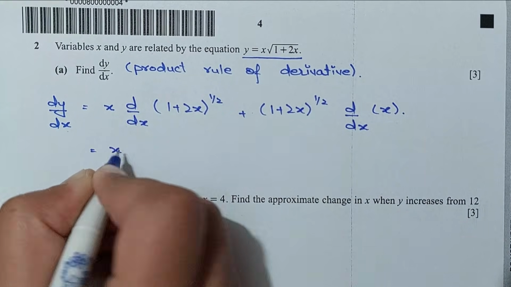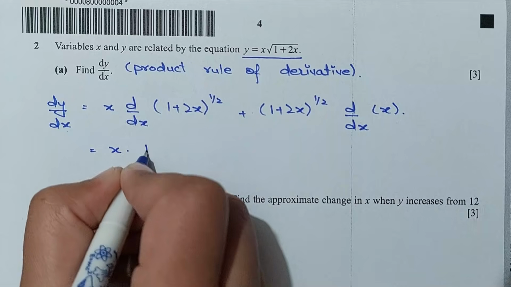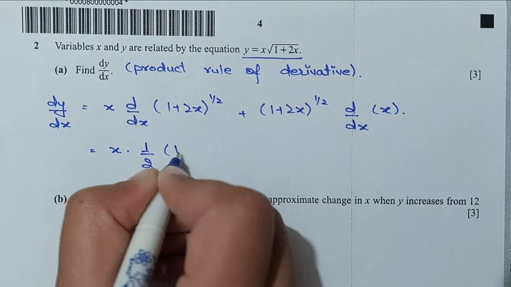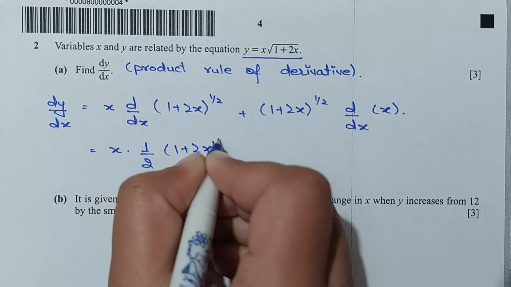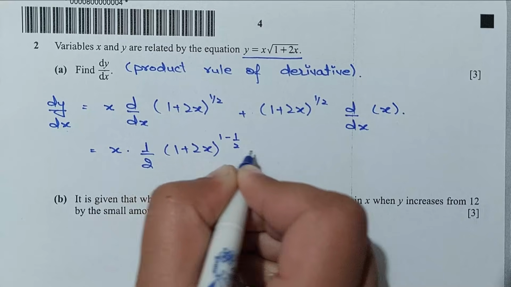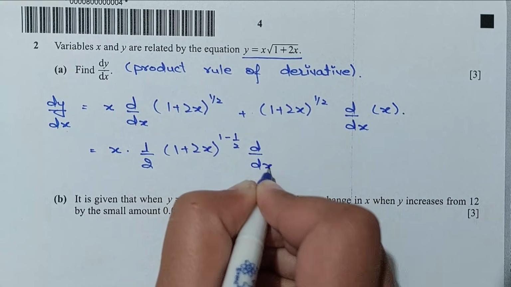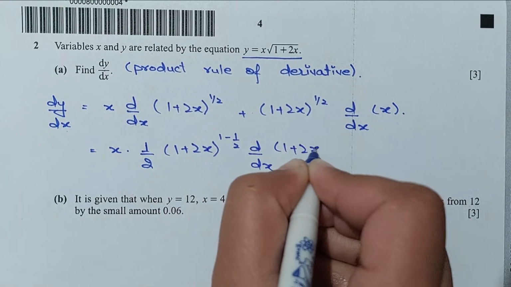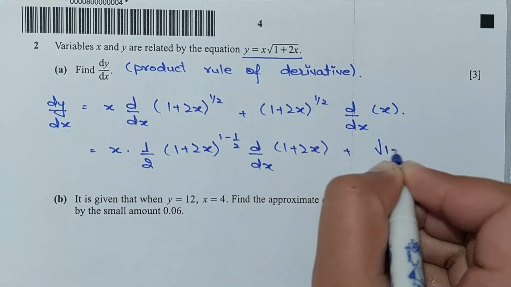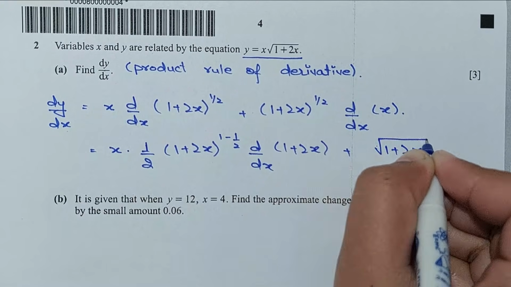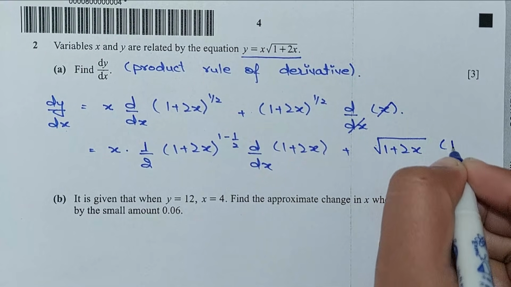Applying the power rule over here: power of base function, power minus 1, and the derivative of the base function is 1 plus 2x, and here we have square root of 1 plus 2x, and the derivative of x is just 1.